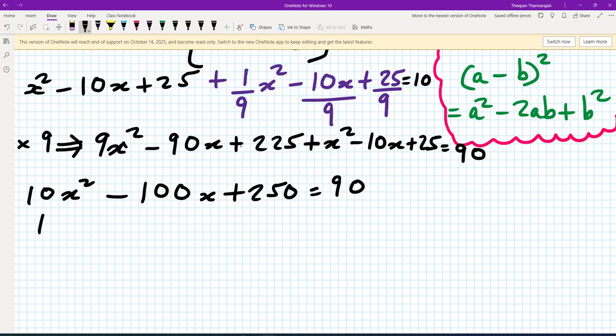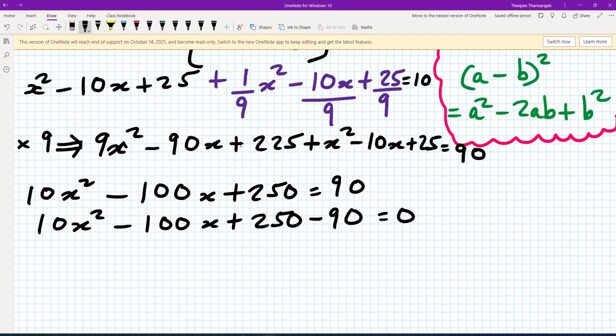Minus 90 on both sides. So we're going to get 10x squared minus 100x plus 160. Now all of that is equal to 0.